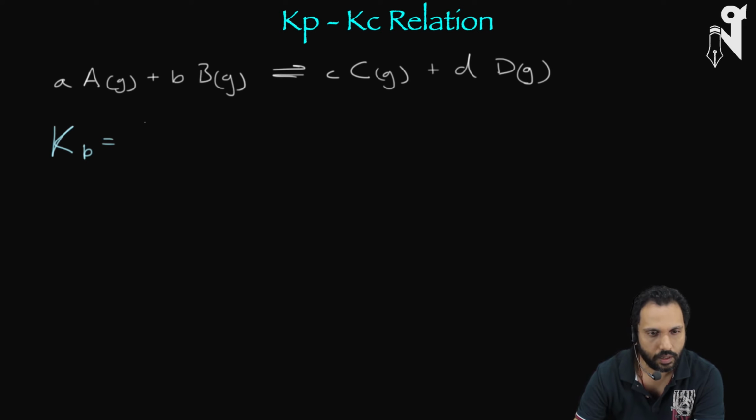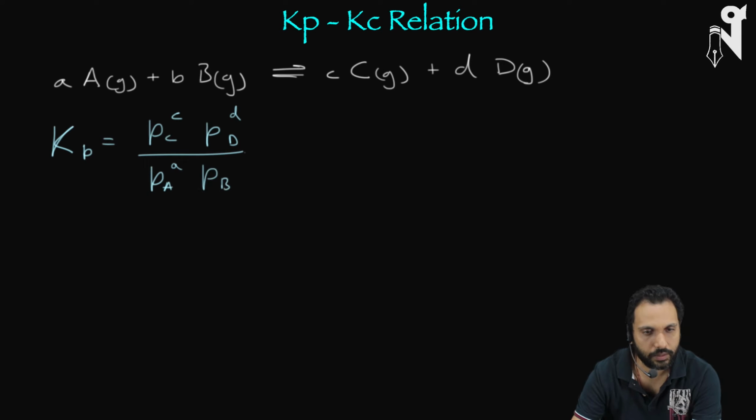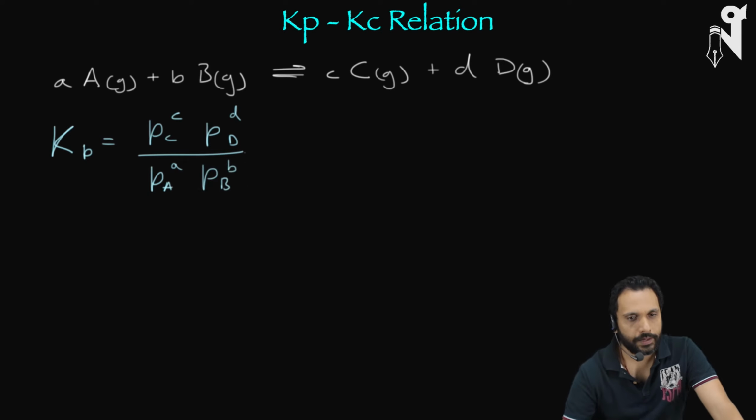So that would be the partial pressure of C raised to the power c, partial pressure of D raised to the power d, divided by the partial pressure of A raised to the power a, the partial pressure of B raised to the power b. So that's your Kp value.